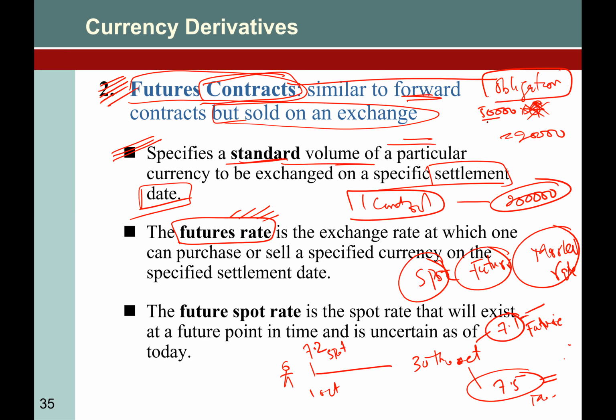If 1 share is equal to 50,000 and you need 200,000, you need to buy 4 shares. Dealers or the exchange sell you future contracts of 3, 6, 9, and 12 months. It is standardized. Any question?